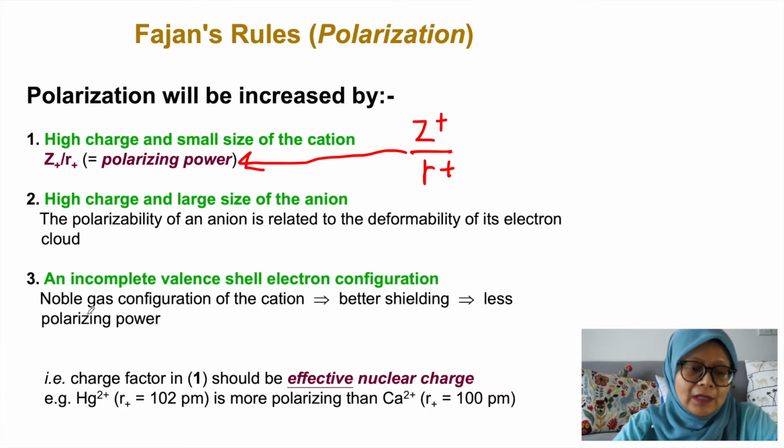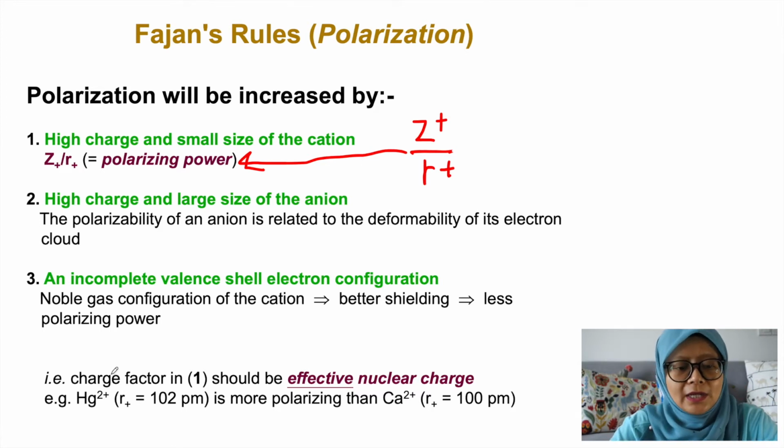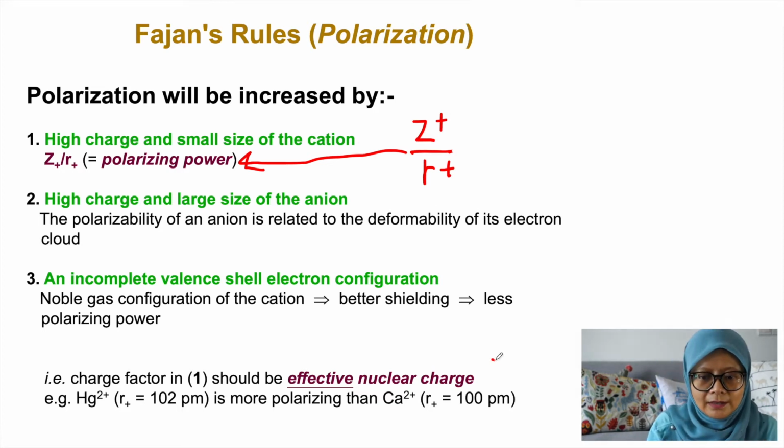If we have a noble gas configuration of the cation, we will have better shielding and less polarization, less polarizing power. The charge factor in number one, based on the cation, is related to the effective nuclear charge, or Z effective.